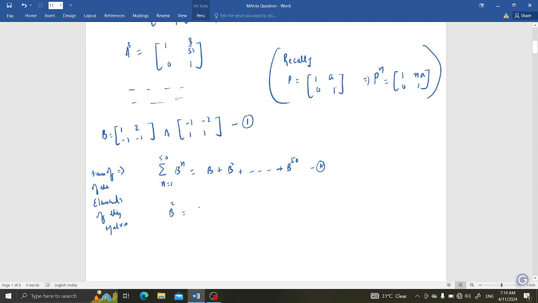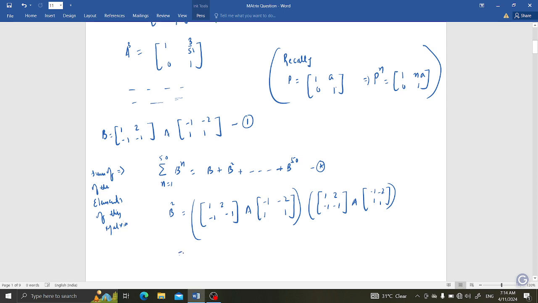What is B square? B square means 1, 2, minus 1, minus 1, here we have A, and here minus 1, minus 2, 1, 1. This is your B. Now again another B, 1, 2, minus 1, because B square means B into B. So A into minus 1, minus 2, 1, 1.